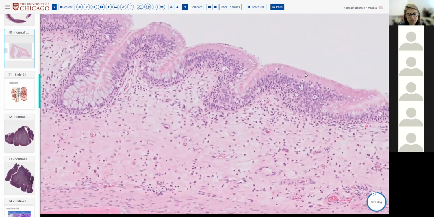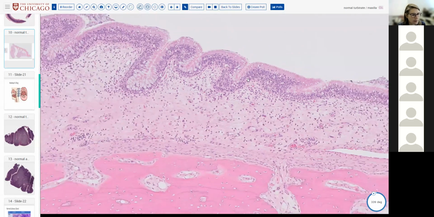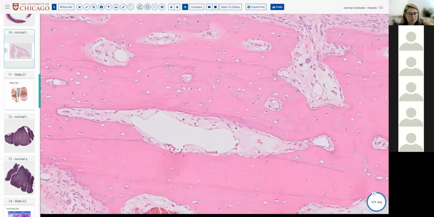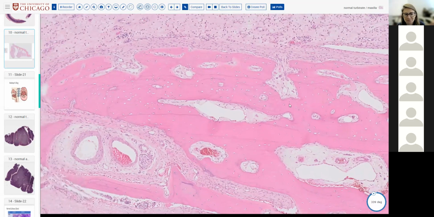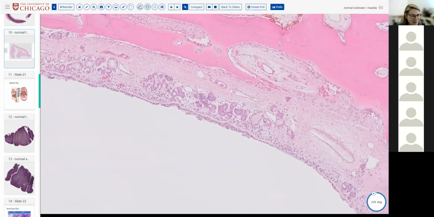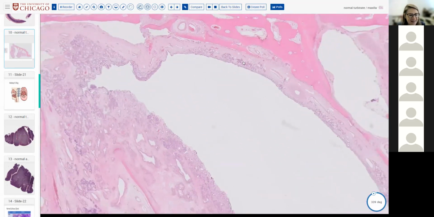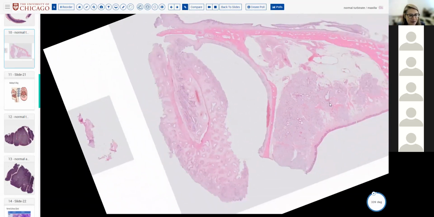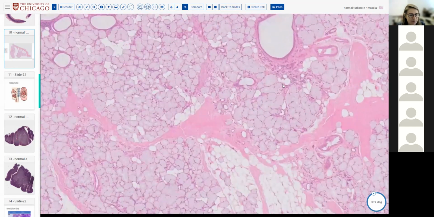Okay. So here at the top of this, we have what type of epithelium? Squamous or respiratory? Respiratory, excellent. Then we have this, which is? Bone, thank you. Then we have more respiratory. And then finally, down here, we have glands.